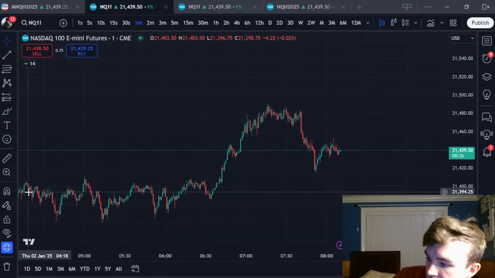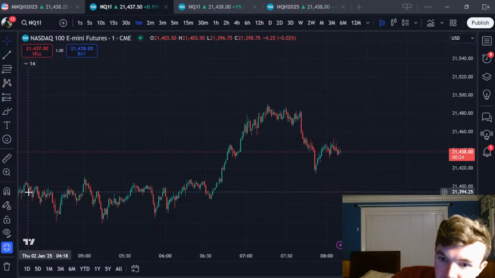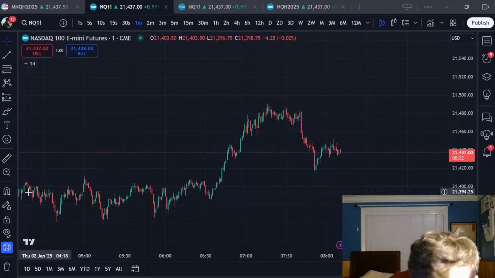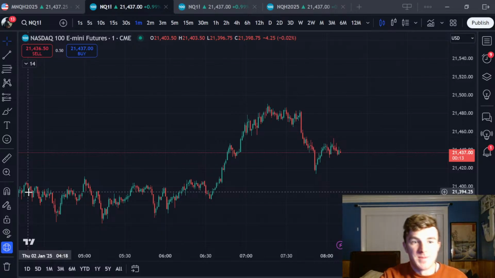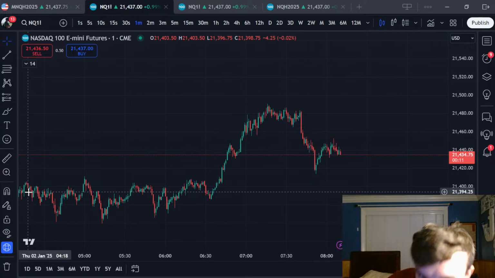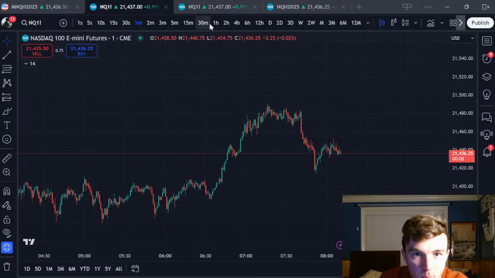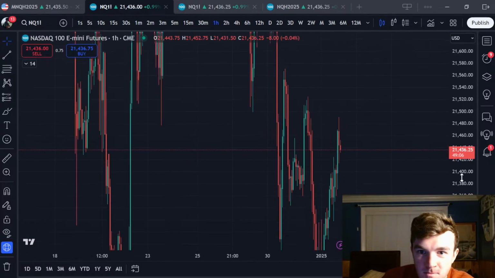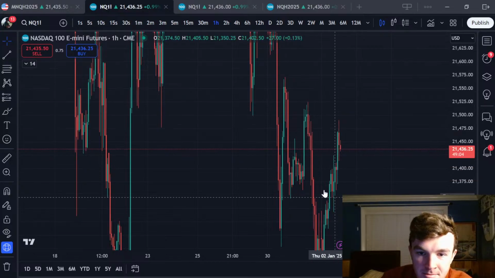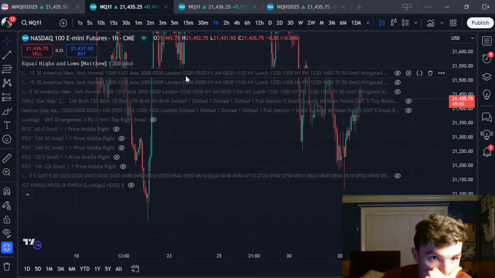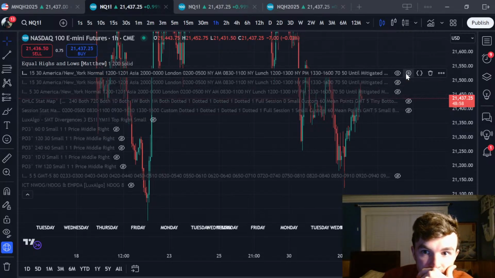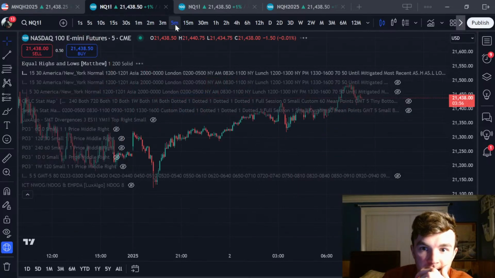So I'm not gonna be allowing myself to take a trade for like 40 minutes. Should you buy this? Well, we have to look at things a little bit more. Let's look at things a little more. Step one: did London use a key level?